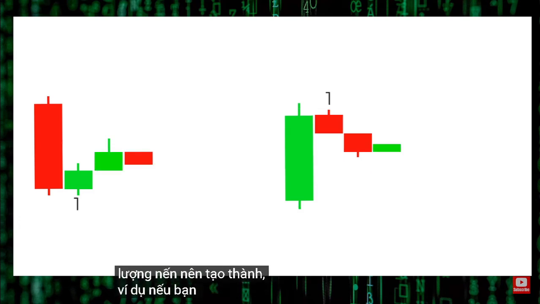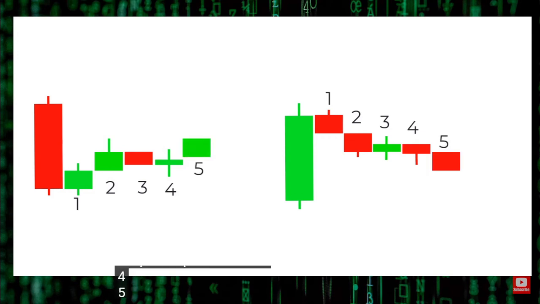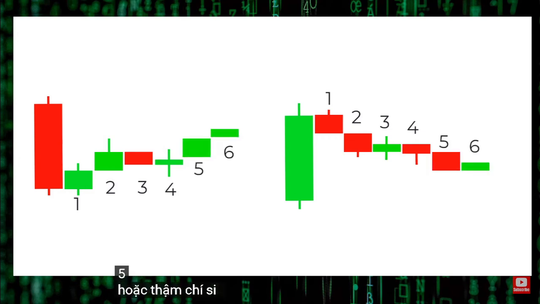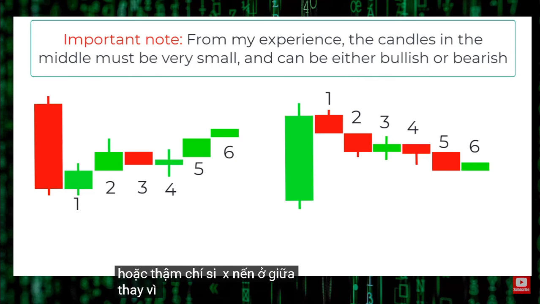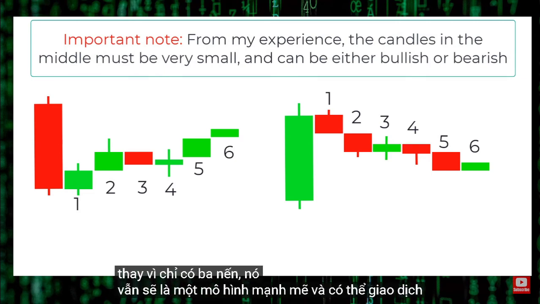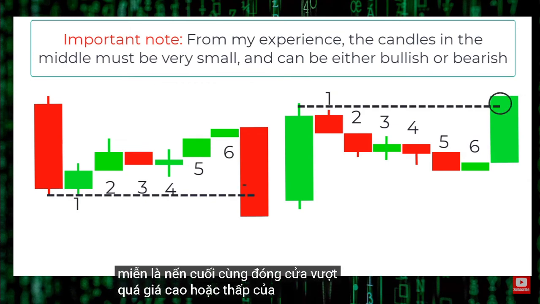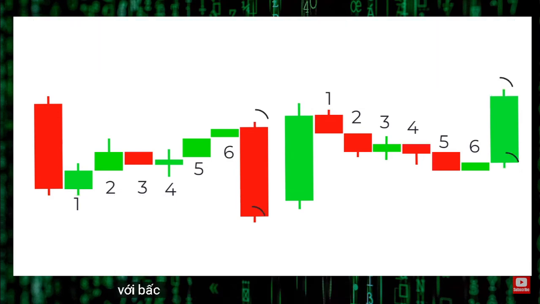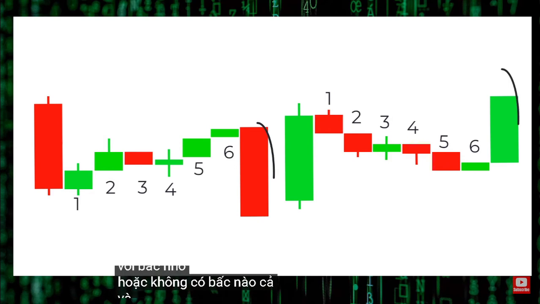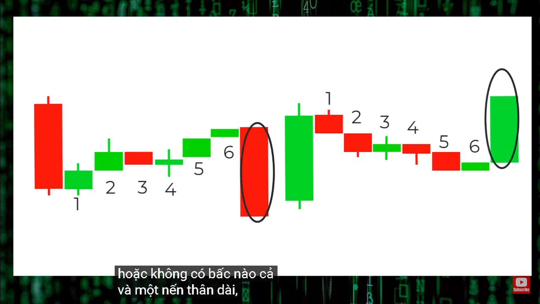For example, if you end up with 4, 5, or even 6 candles in the middle instead of only 3 candles, it will still be a powerful and tradable pattern, as long as the last candle closes beyond the first candle's high or low, with either small wicks or no wicks at all, and a long body candle.